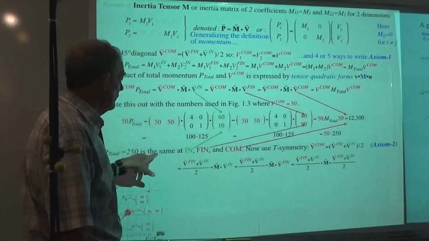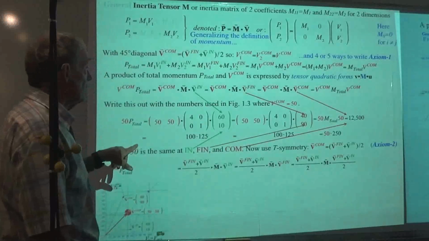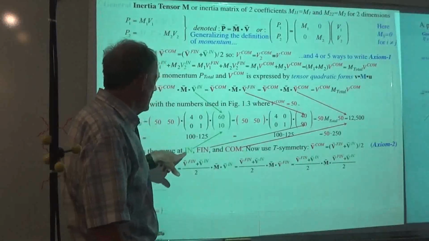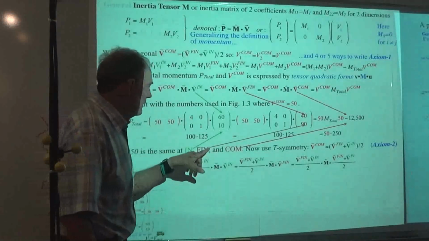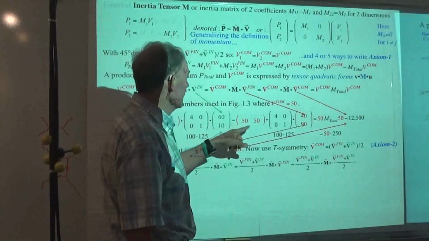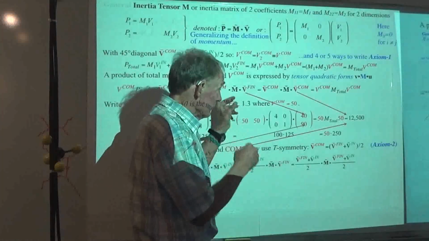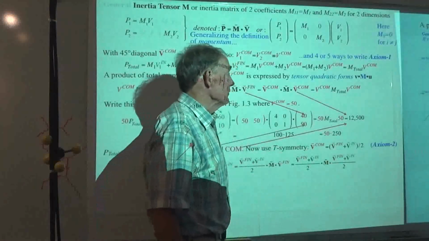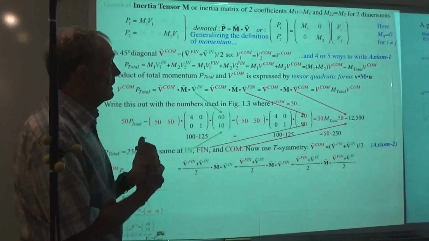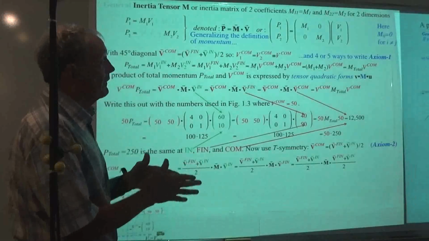total momentum of 250. Now, what I've done here is just go ahead and write this thing out, but I'm using the n here, the fin here, for these two equations, and then just the fact that when I put this all together, I get that particular number, which is 50 times the total mass here of 5, and then another 50.